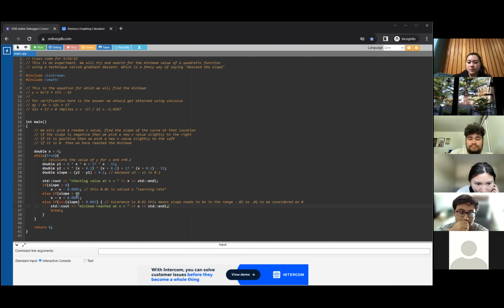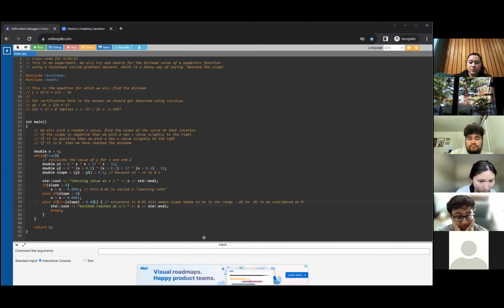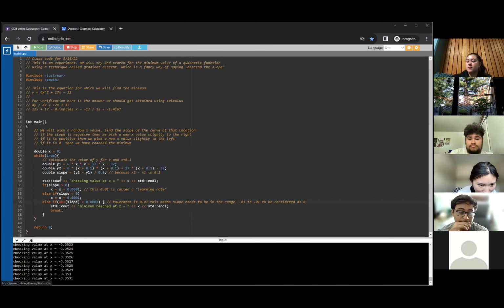So slope at 1.46. What if tolerance was at like 0.0001, like an extra zero? I don't know if that would. I don't think it would, but I don't know. Yeah, let's check. Yeah, it doesn't seem like that's making a difference. And somewhere in the math, it's getting this 6.